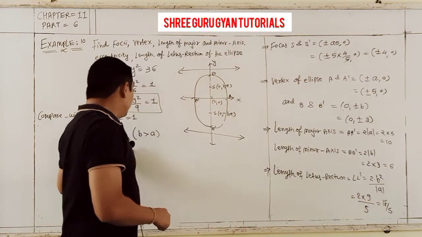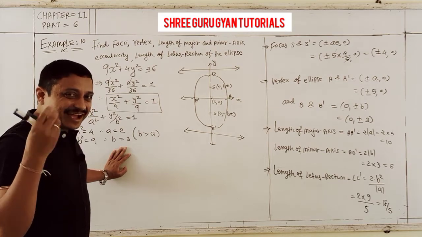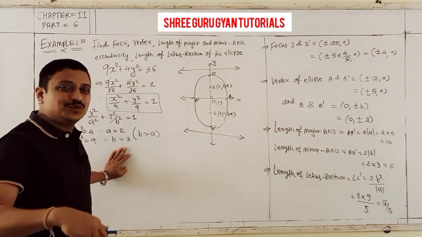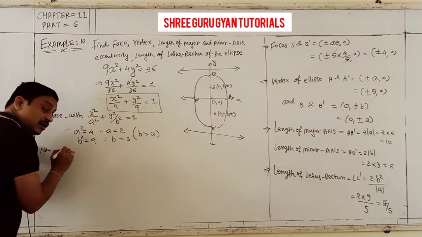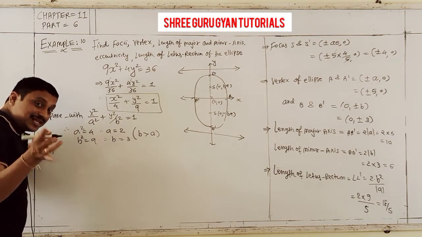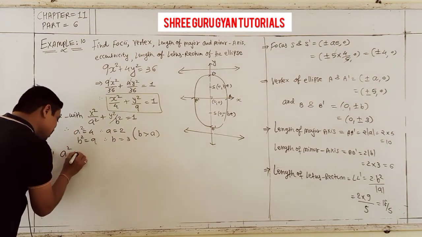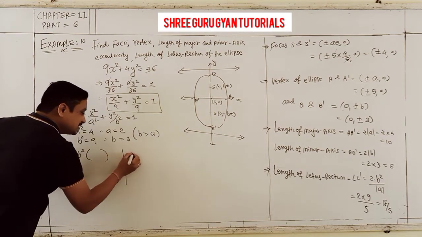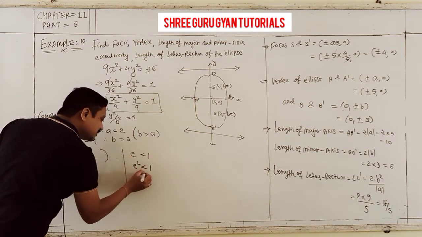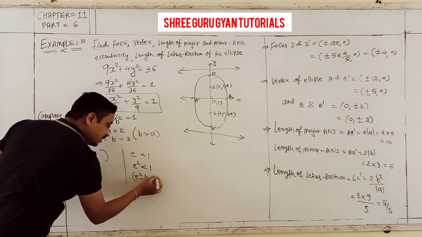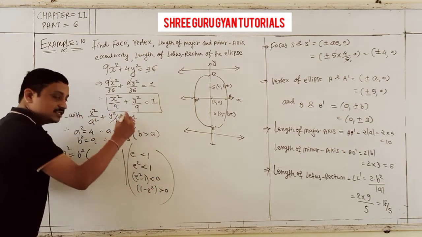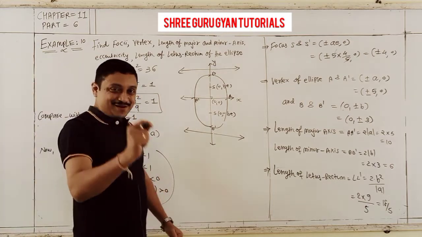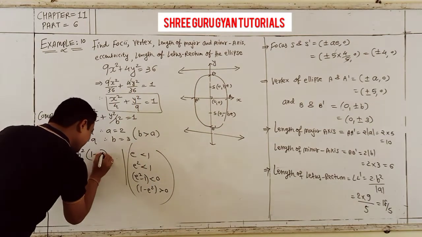Now I go to point number 3. Compulsory use this, then you go to e. So now here in the first case I used b square is equal to a square. Here a square is equal to b square, and the internal process is that e is less than 1, e square less than 1, e square minus 1 less than 0, 1 minus e square greater than 0, and that value I apply here, 1 minus e square.